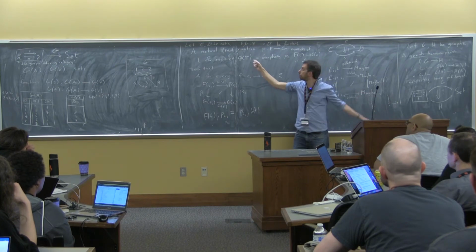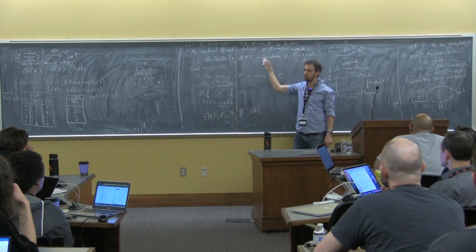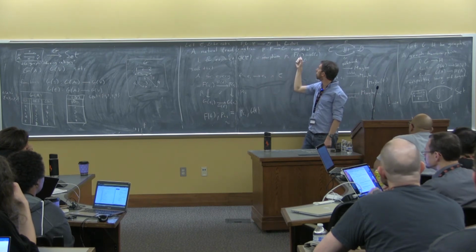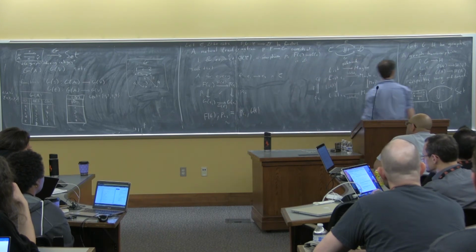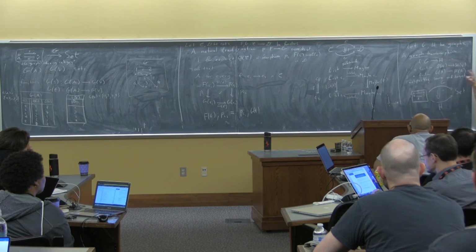So I'm just giving two morphisms, two functions: G of A to H of A and G of V to H of V. And then I kind of waved my hands and said respecting source and target.